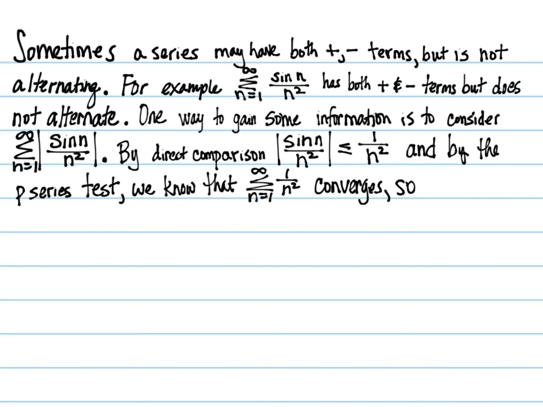So, since that converges, it automatically means the summation from n equal 1 to infinity of the absolute value of sine of n over n squared converges.